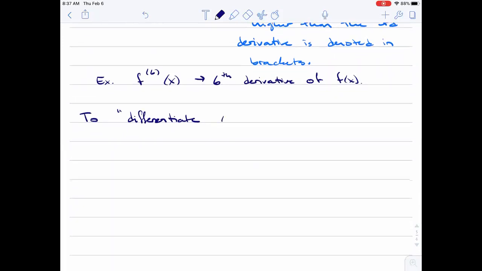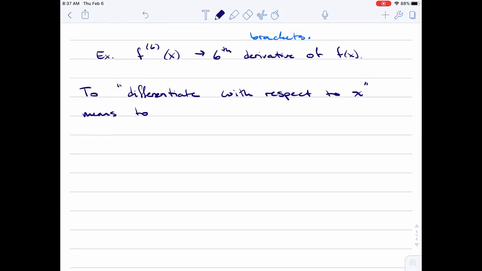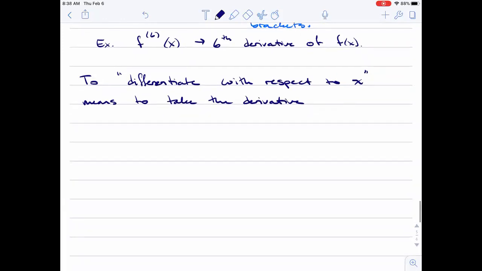To differentiate with respect to x means to take the derivative treating x as our variable.